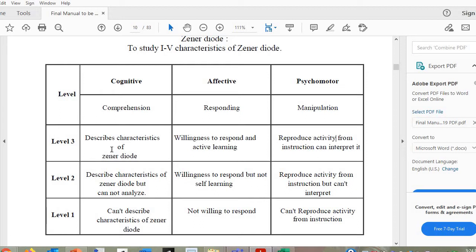So if any student somehow doesn't get a proper understanding and falls in level 2 or level 1, then there will be a reduction in marks, but of course there will not be any null evaluation. Okay, so if any student satisfies level number 3 in each domain, then that student will get full marks, 9 out of 9, 3 for each domain.